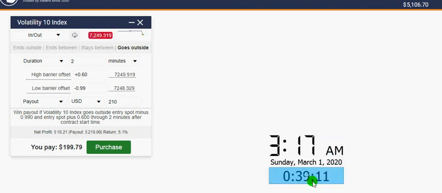Once this is in maybe 30 or 40 something seconds, we'll click on purchase again. These are seconds.